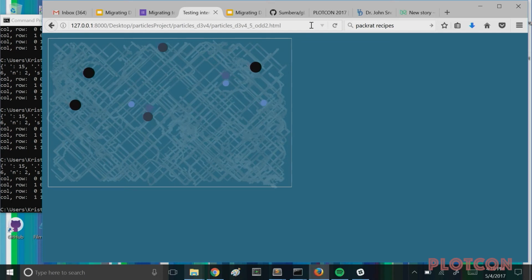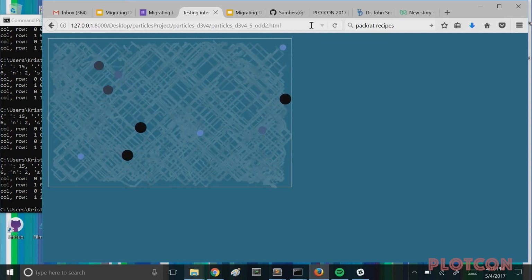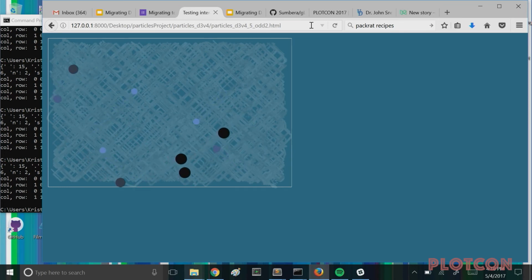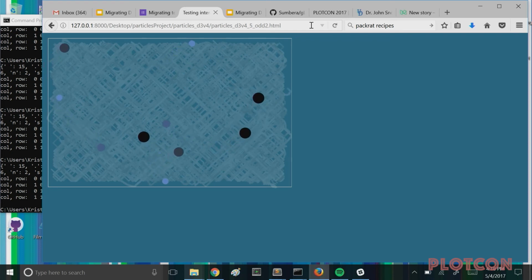This is just a bug. So the gray lines, those are the uncleared dots of particles that are drawn on canvas, whereas the colored dots that are obviously dots, those are SVG elements.